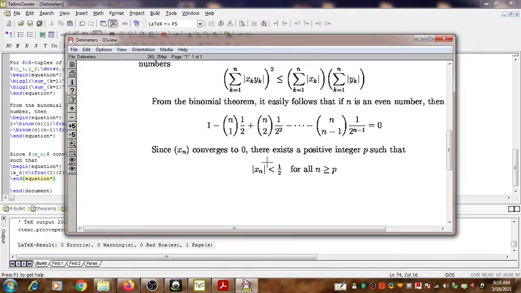Since we use the slash tfrac command, we get the fraction in small size in the output. You can apply the ordinary slash frac command also, and you can see the variation in the output.